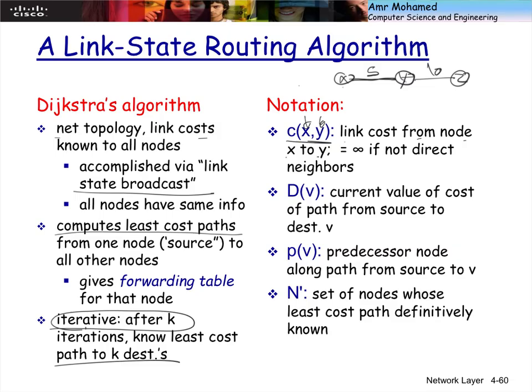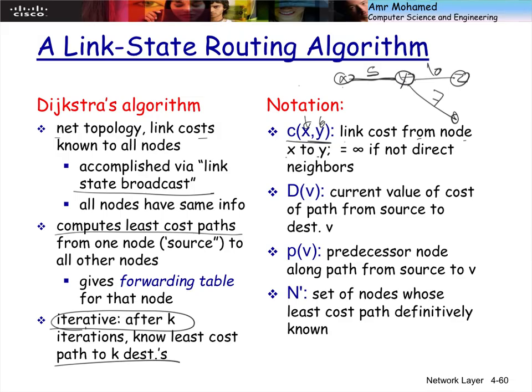But we might have another path here with 7, so 7 is shorter. So in the shortest path tree, we always need to maintain the path with the minimum cost. So initially, we put the cost for the indirectly connected nodes as infinity, and hopefully with different iterations, this infinity will drop until it reaches the minimum cost.